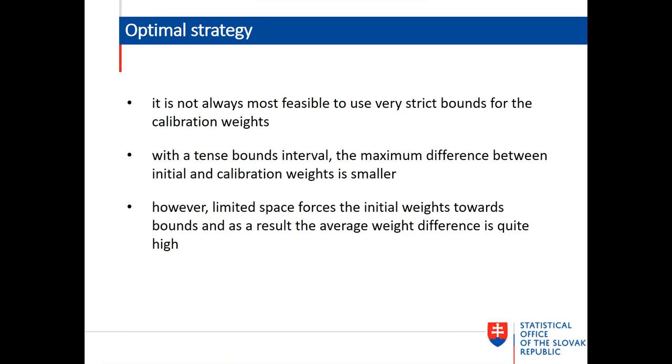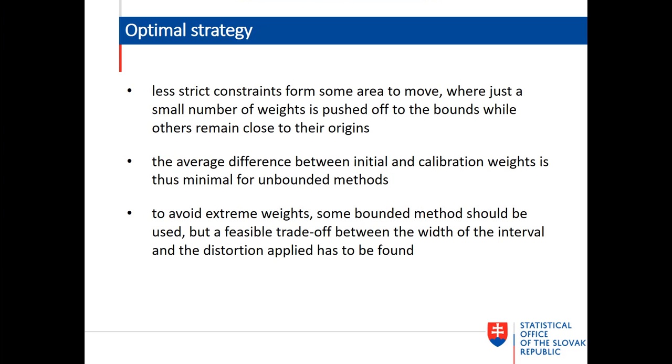But we have to take into account that with the tight bounds, the maximum difference between the initial and calibration weights is smaller, but on the other hand, the limited space for these new weights forces the initial weights towards the bounds, and at the end of the day, the average difference between initial and calibration weights is bigger than with unbounded methods.